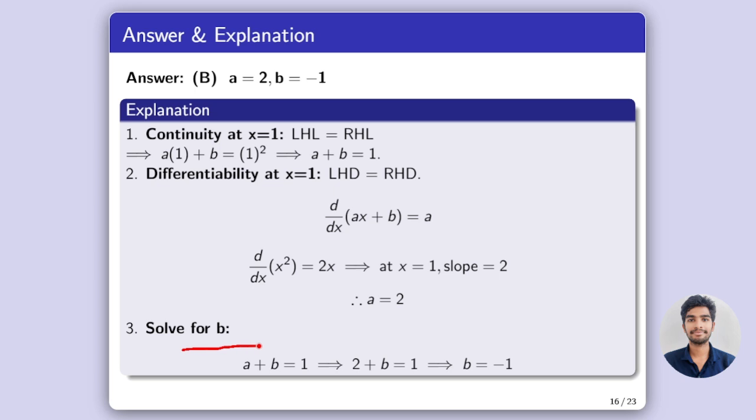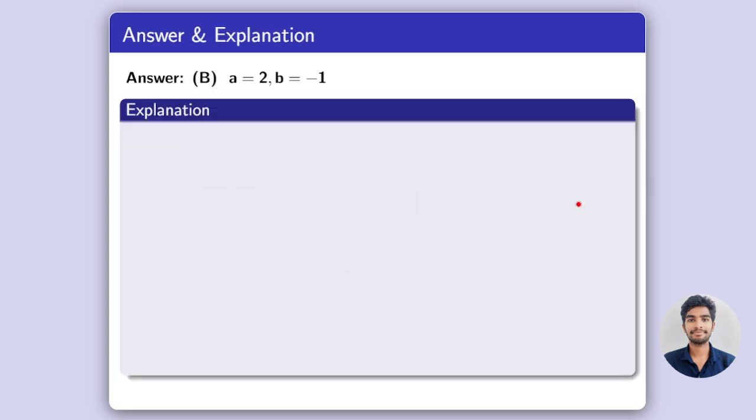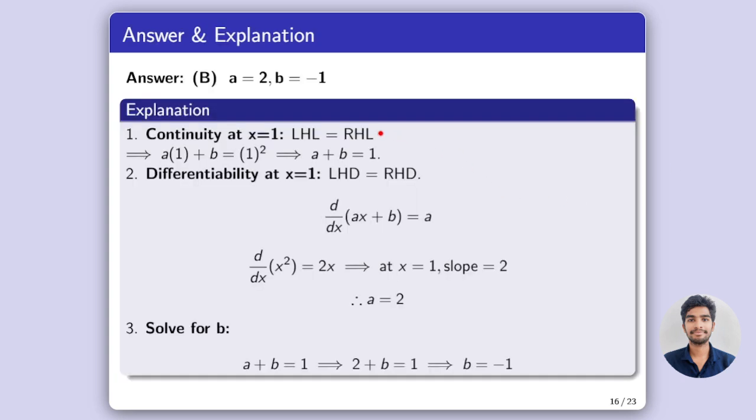A plus B is equal to 1 is the condition. Continuity at x means left hand limit is equal to the right hand limit. The question is very simple. If it is differentiable everywhere, it is definitely continuous. Continuous means the left hand limit is definitely equal to the right hand limit.